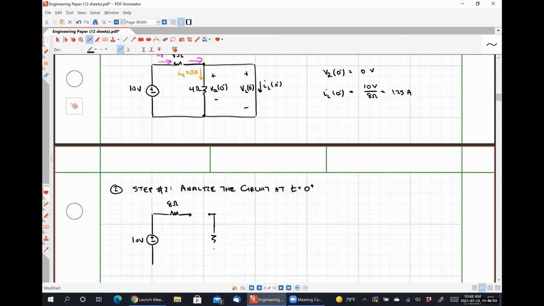Then here we have our 4 ohm resistor over which some voltage VR of 0 plus may occur. And out here, we are no longer at DC steady state, so we can no longer treat our inductor as if it were a short circuit. So for now, I'm going to draw it as an inductor having a value of 1/2 of a Henry, if I'm not mistaken.